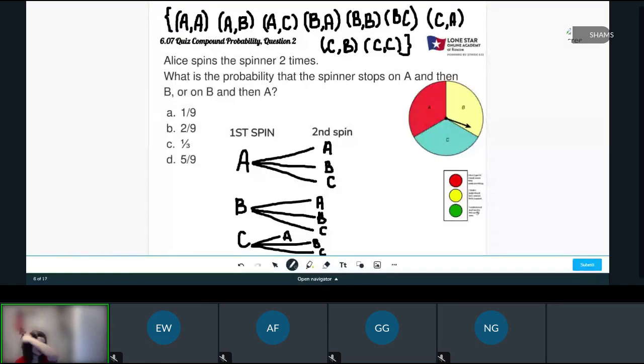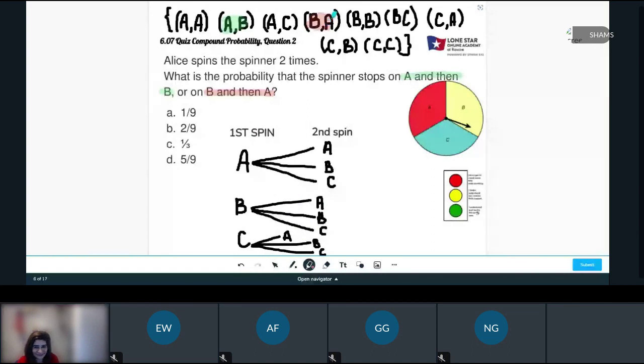Okay. Now let's focus on the question. The question says, what is the probability that the spinner stops on A and then on B? This is that chance. A and then B is this green chance. Or B and then A. B and then A will be this.